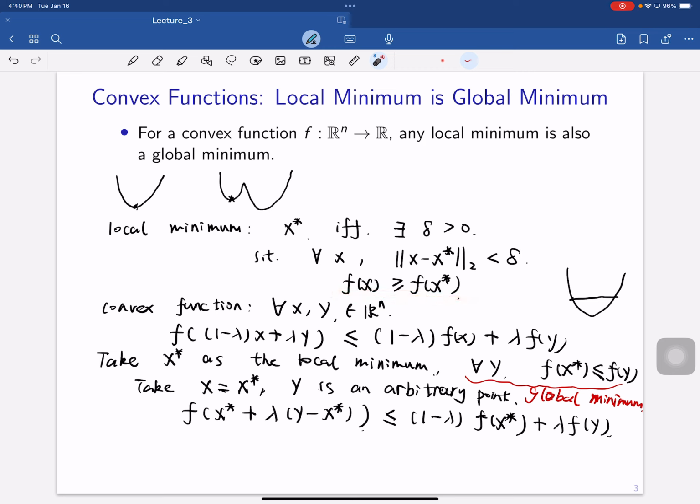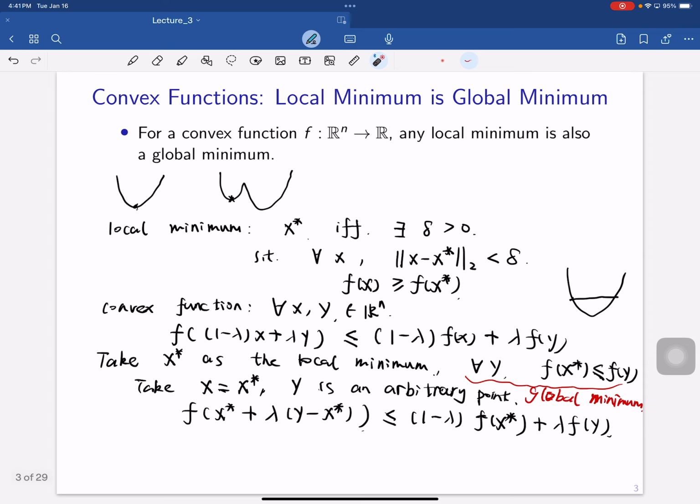That's the definition of a local minimum. And in this problem, we have a similar structure because you are perturbing f of x star by lambda times y minus x star here, right? So if this number lambda is very close to 0, then this guy must be greater than or equal to f of x star.